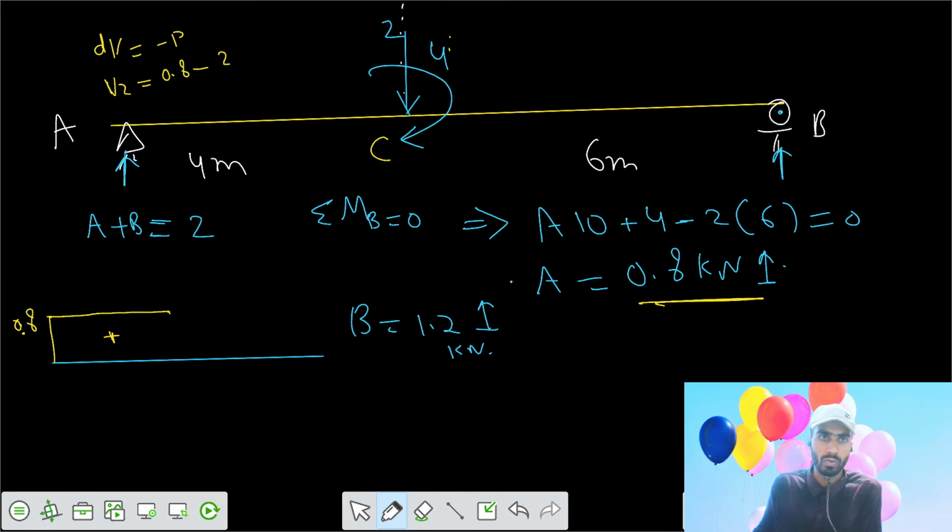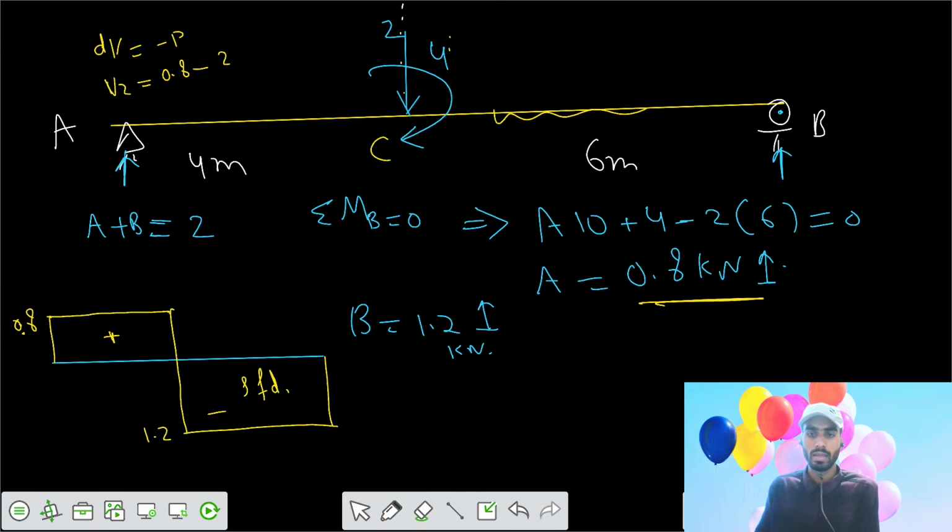So finally it would be minus 1.2. Then we have a constant value because no loading is there, and finally it will become 0 because of reaction B. This is your final SFD.